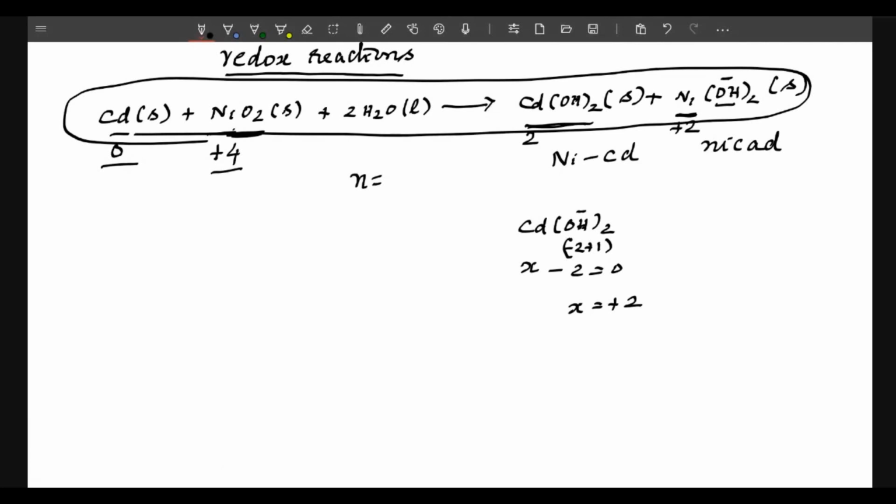And now we are going to see, or you can easily give one answer for the following net reaction.